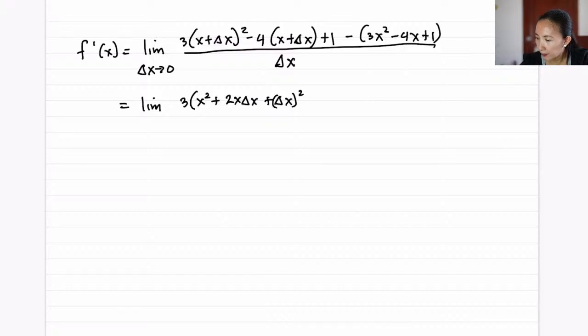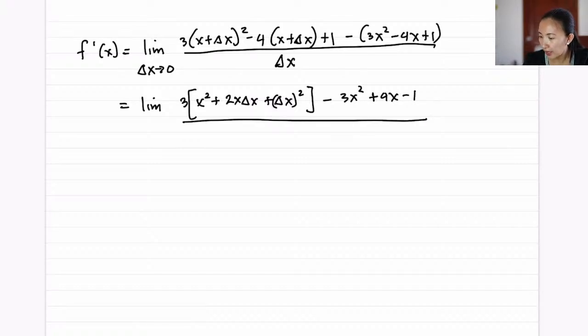Okay, let's use the proper notation. Minus 3x squared plus 4x minus 1, all over delta x as delta x approaches 0. Okay, let's continue.